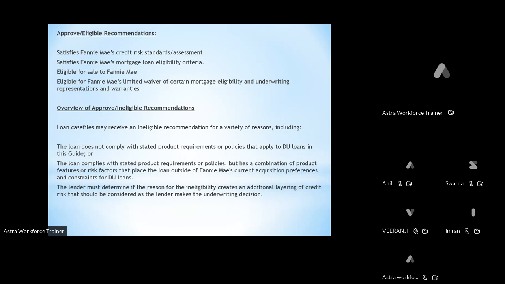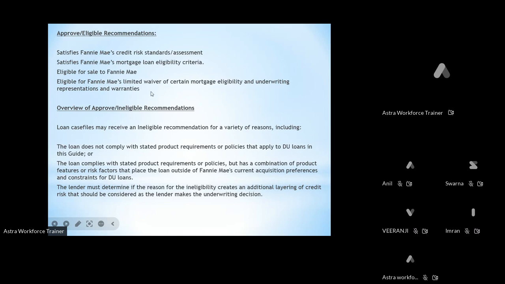That means they are not meeting these four. Out of four, the approve ineligible recommendation will meet only three of these. The first three will be met. Then it will show approve ineligible, and let's say it's kind of very minimal risk here.